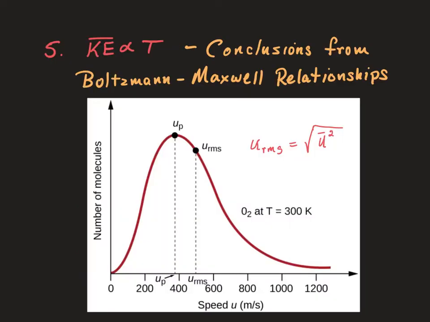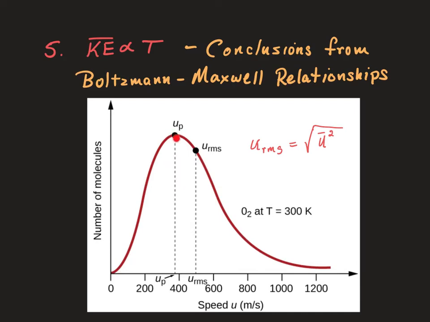So here is a visualization of that. The Boltzmann-Maxwell relationships talk about the kinetic energy. They also talk about the speed as a function of temperature. Here we have the distribution of speeds, the number of molecules with each speed.